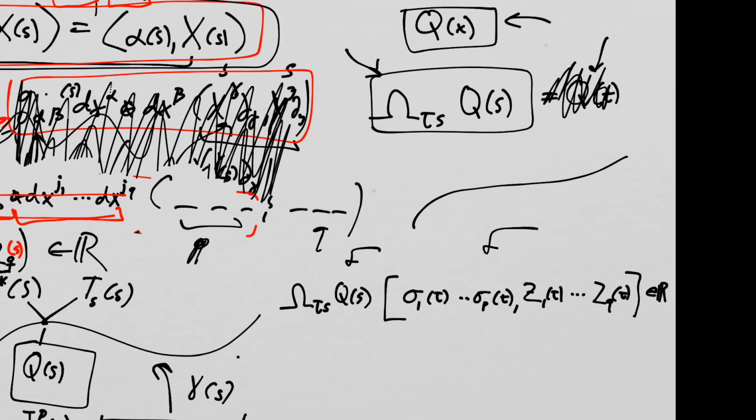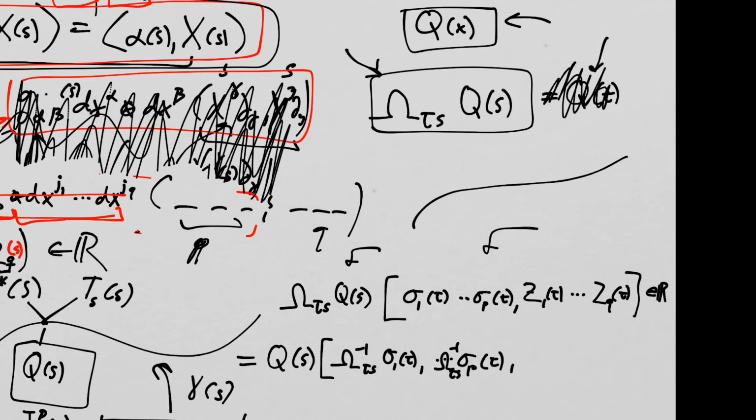So that has to equal the following thing. That has to equal the original tensor field at S operating on the inverse of this motion, right? The inverse of this motion, where each of these guys is parallel transported to S, right?